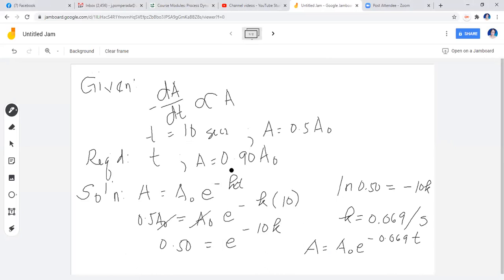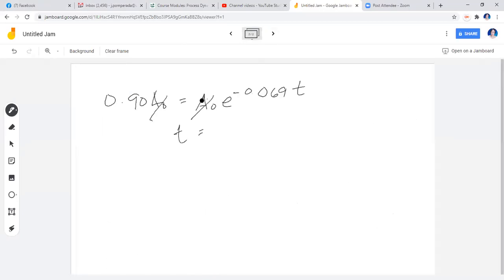If 9/10 has been converted, then what is left is only 0.10. So that should be here 0.10. This should be 0.10. And in here, we should have 0.10.